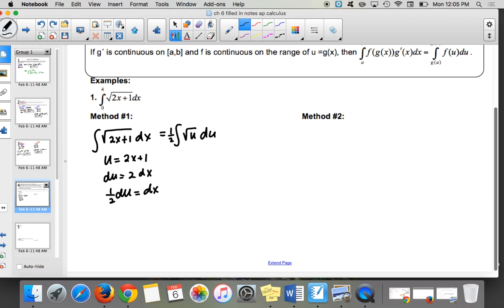When we integrate u to the 1/2, I get u to the 3/2 with a 2/3. So I'm going to have 1/2 times 2/3 u to the 3/2 plus c. You can write the c if you want. So you get 1/3 u to the 3/2, so 1/3 (2x plus 1) to the 3/2 plus c.